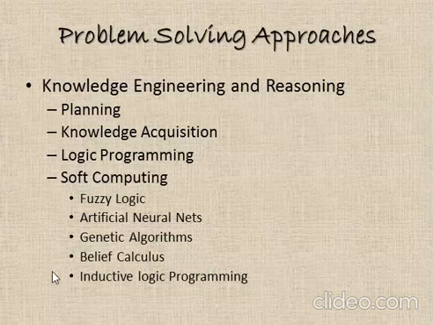For that, we should have additional knowledge. So in applications such as robotics and navigation, automated planning is extensively used. So planning is a required entity for improving the efficiency of problem solving in knowledge engineering.